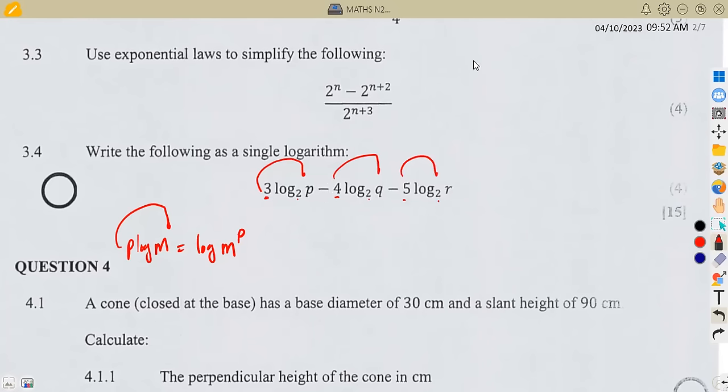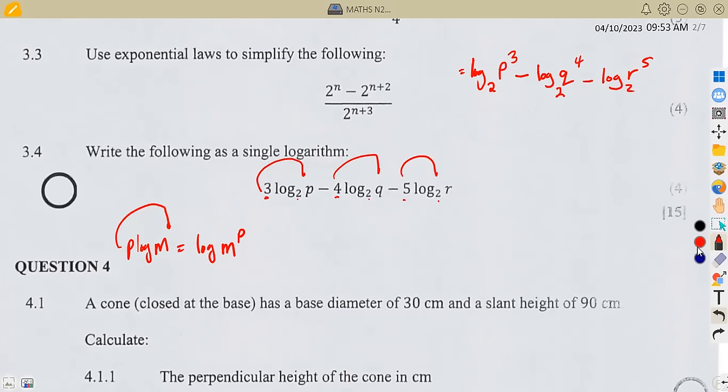So that means we are going to have the logarithm of p to the exponent of 3 in base 2, minus the logarithm of q to the exponent of 4 in base 2, minus, we raise this to the exponent of 5, log r to the exponent of 5 in base 2. All right, so if you do not want to make a mistake in this question, then simplify it step by step.